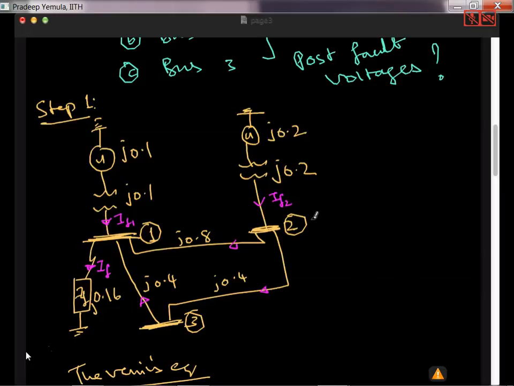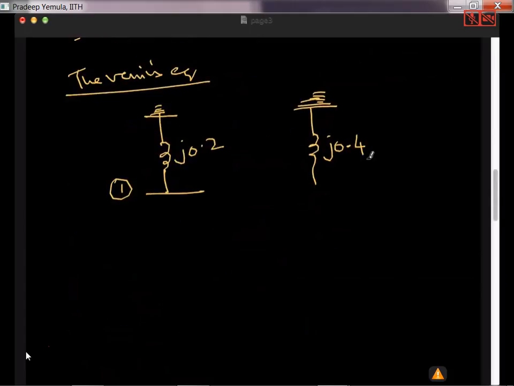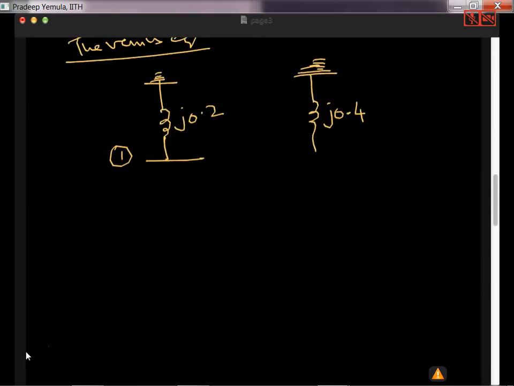So therefore what I do is simply do the circuit. It is basically like a circuit analysis now.